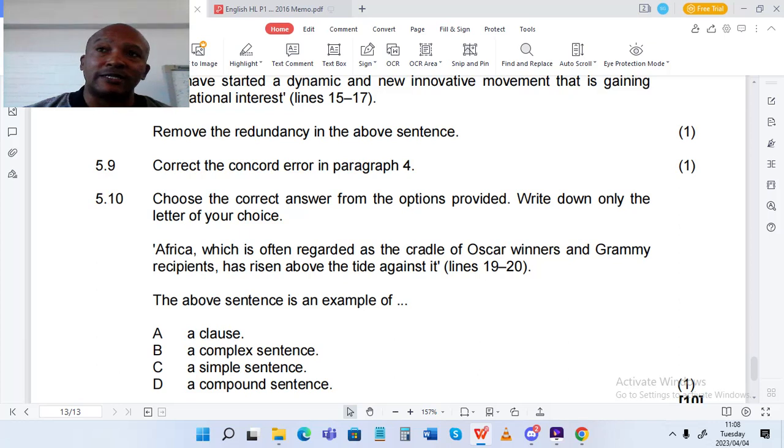Now let's talk about a simple sentence. A simple sentence has one verb. You want to say one finite verb, because a finite verb will show you time. So was kicking is a finite verb.